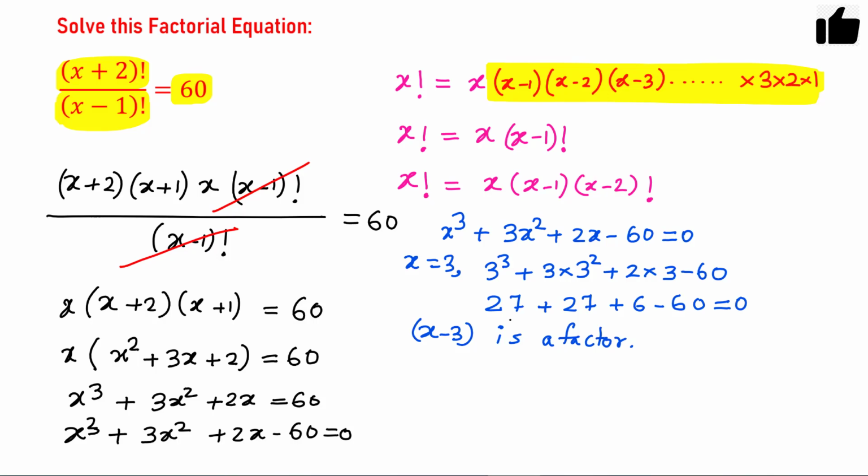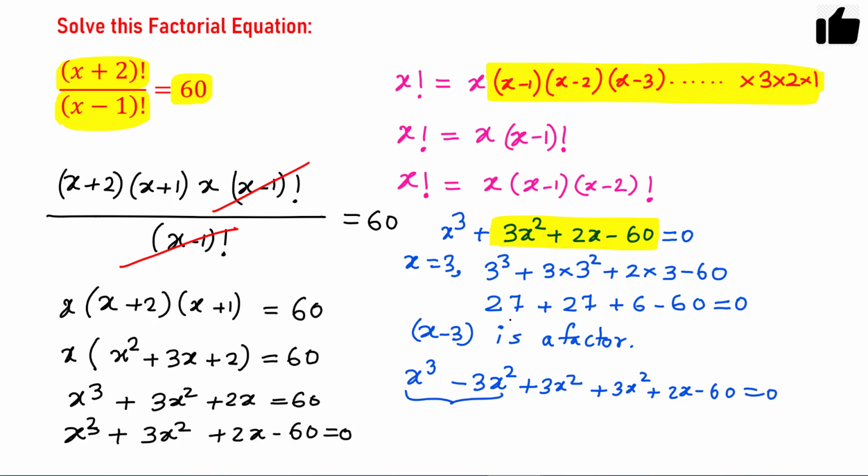So let us try to factorize this equation in terms of x minus 3. So I have x cube, and this is plus 3x square, but I need minus. So what I will do is I will add minus 3x square, and I will subtract minus 3x square, and the rest of the terms I will just copy down here. So this will be 3x square plus 2x minus 60 equals 0.